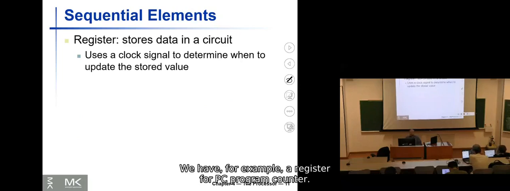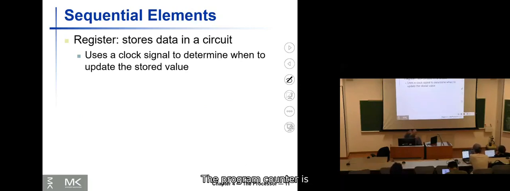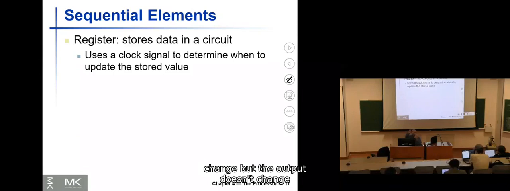For example, we have a register for the PC, program counter, in which the value is stored. The input might change, but the output doesn't change because a value is stored inside, and unless we want to update it, it doesn't change. So it is a memory element.